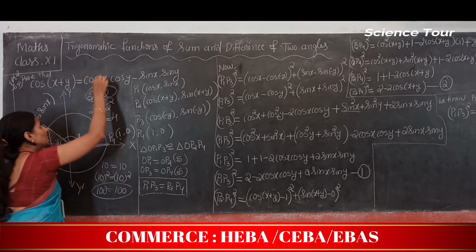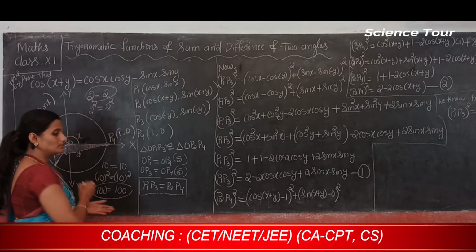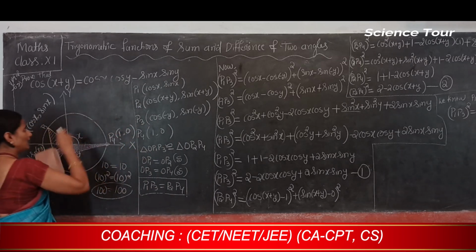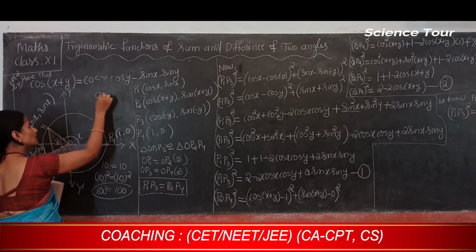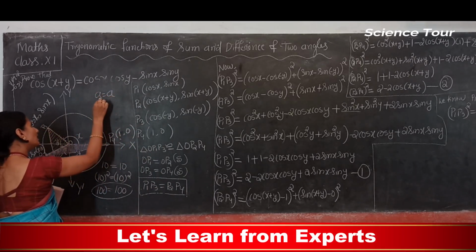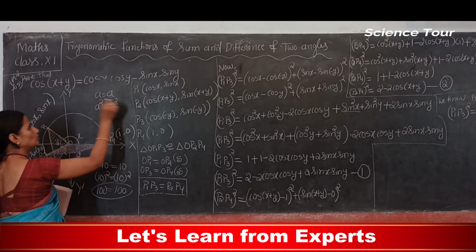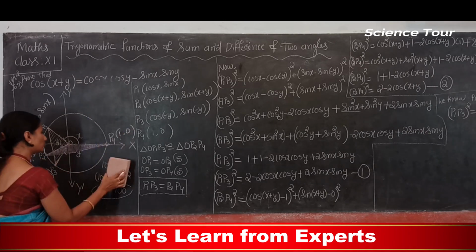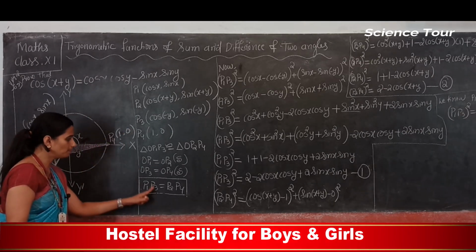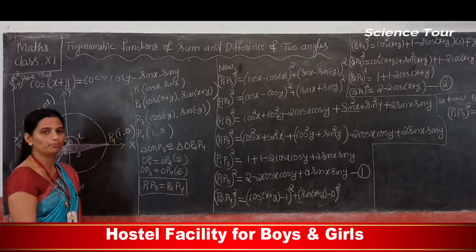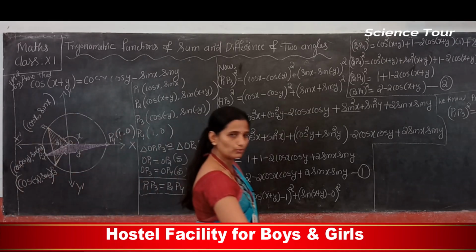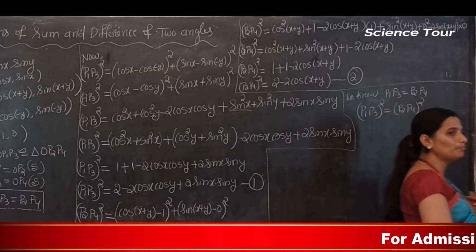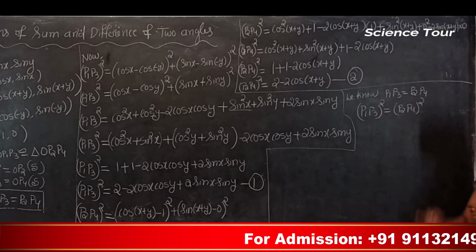Yes. So generally we can write, if A is equal to A, then we can write A square is also equal to A square. So I am using this concept here. That means if P1 P3 is equal to P2 P4, then square of those two terms also equal. So P1 P3 whole square is equal to P2 P4 whole square.